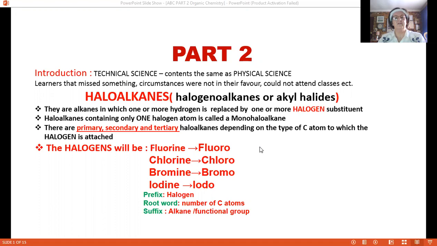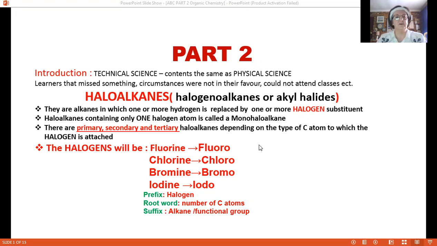Now in grade 12, the technical science and the physical science theory was exactly the same. The difference being in technical science, they didn't get level 4 questions, and they had a larger part of practical that counted more, but the theory was exactly the same.